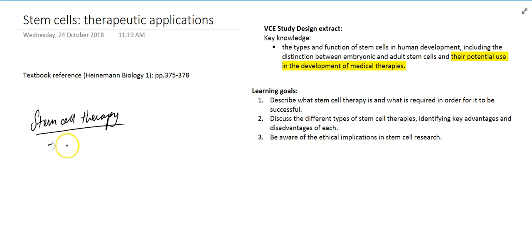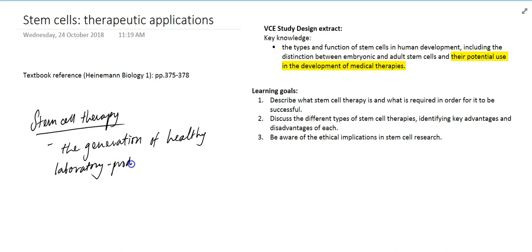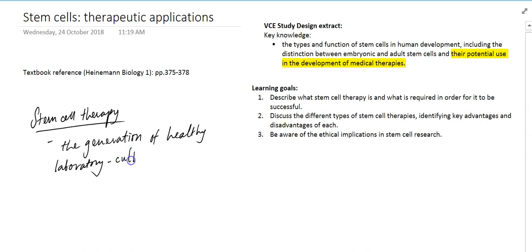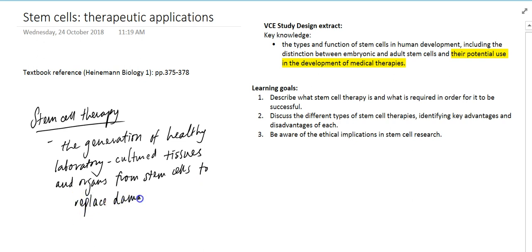Now, stem cell therapy can be broadly defined as the generation, that is the production of healthy, laboratory-produced or laboratory-cultured tissues and organs from stem cells to replace damaged cells in the body.